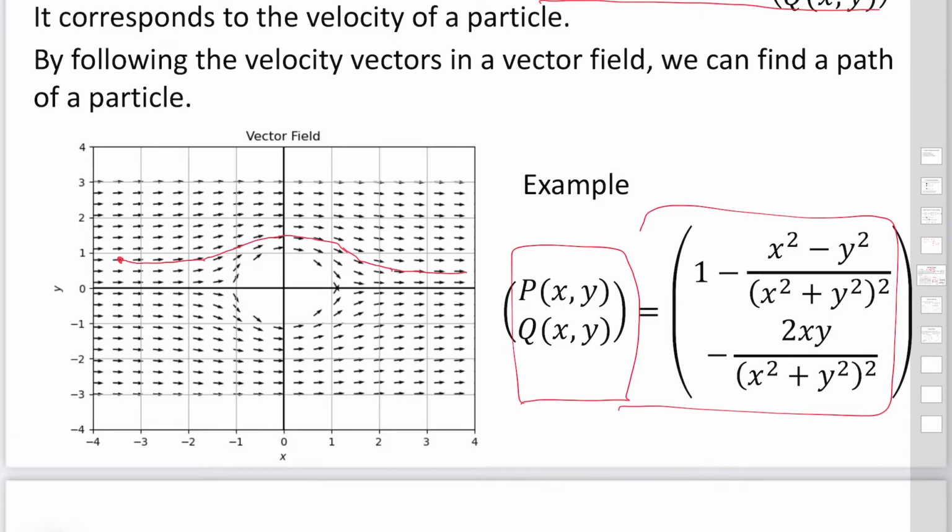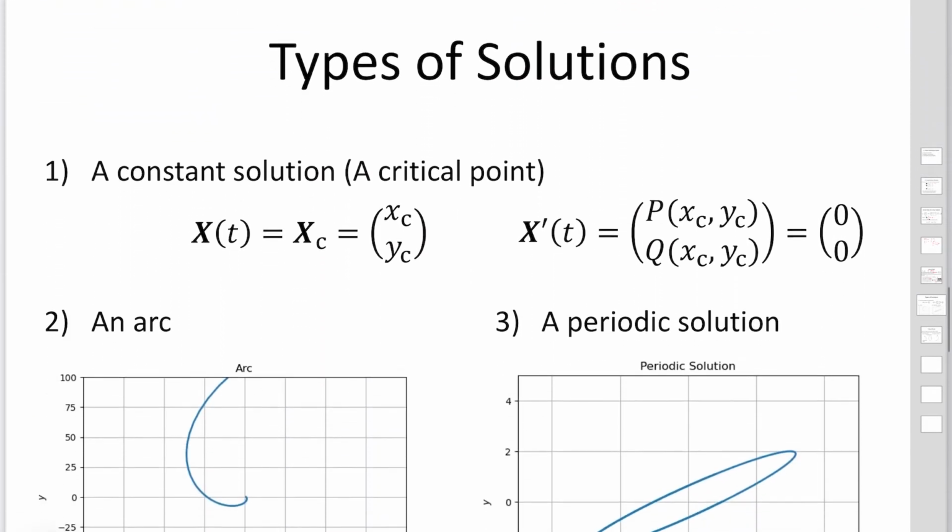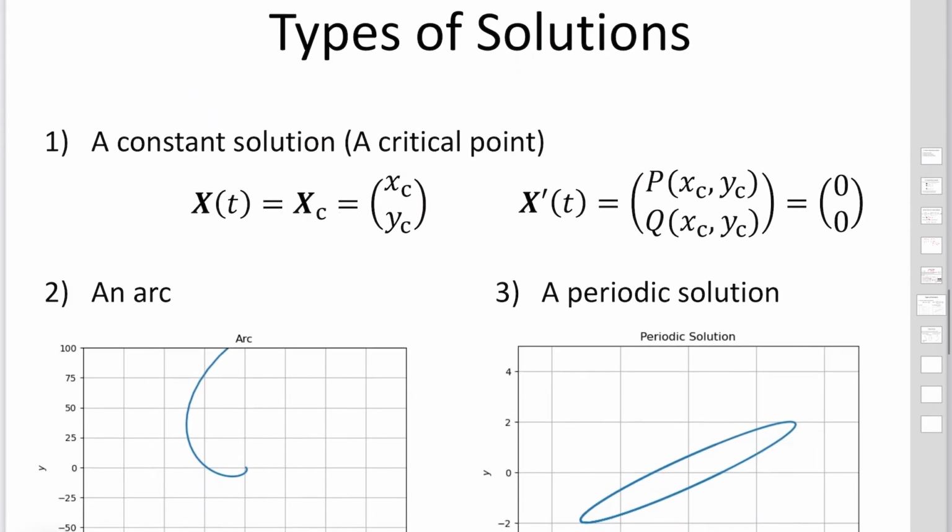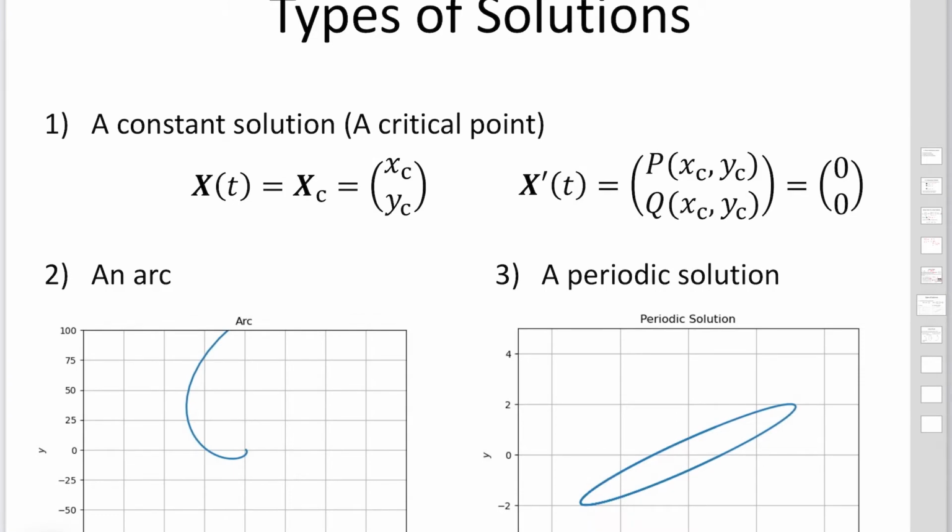So without actually solving the differential equations, we can find the solution curve of the differential equations by following the vector field. The differential equations have three types of solutions. The first one is a constant solution. This means X prime equals 0, so g(X) equals 0.